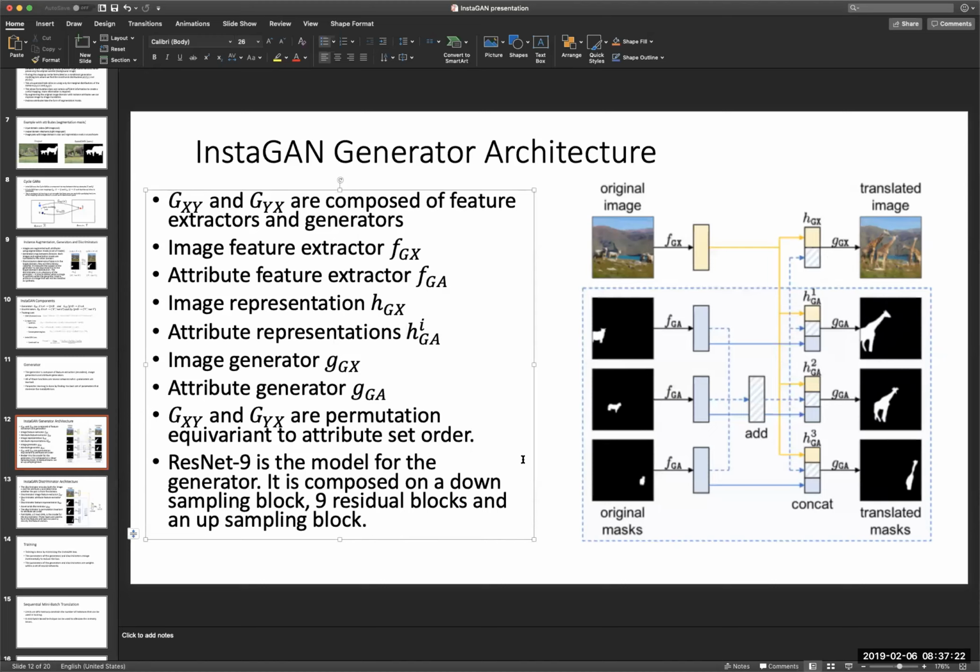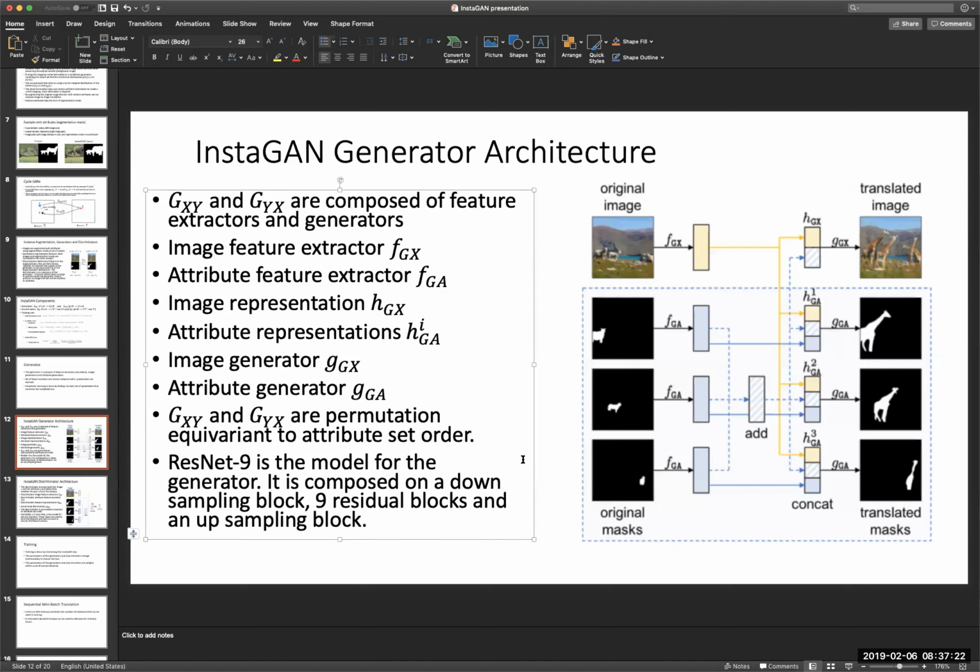So even though you can think of these as functions, the actual implementation of them is more specific, and they're ResNet 9 models. ResNet 9 has downsampling blocks, followed by residual blocks, followed by upsampling blocks.